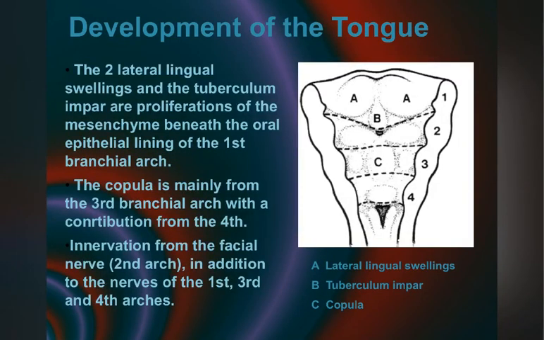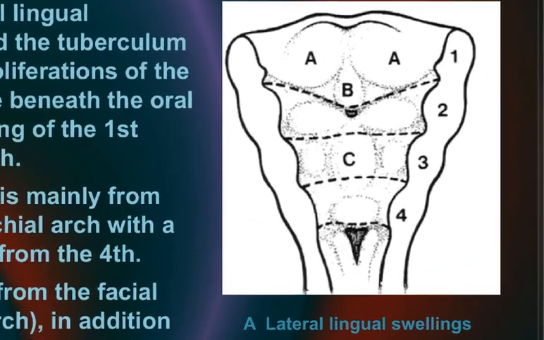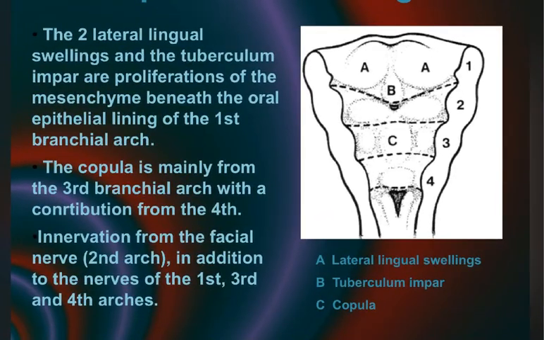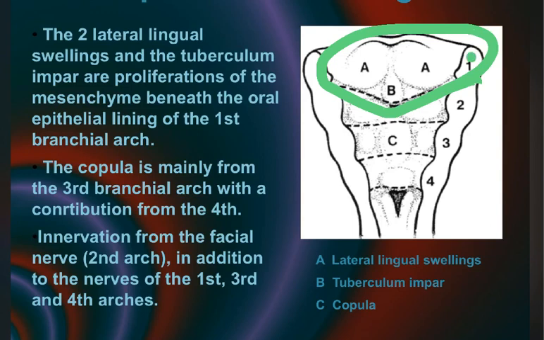Here we see lateral lingual swellings and tuberculum impar. See, these swellings are from which arch? Arch number 1, first pharyngeal arch.